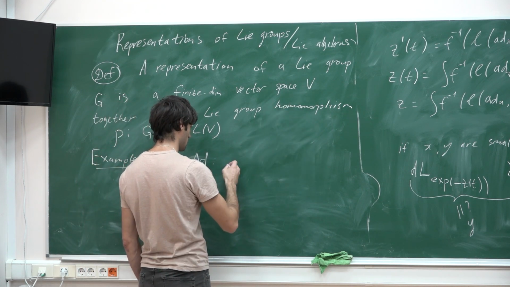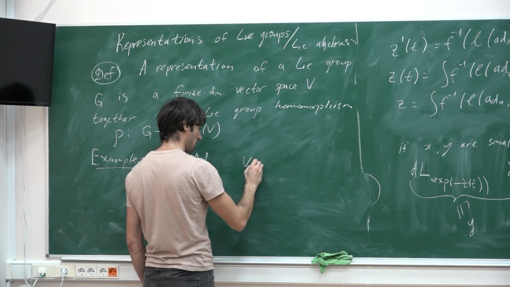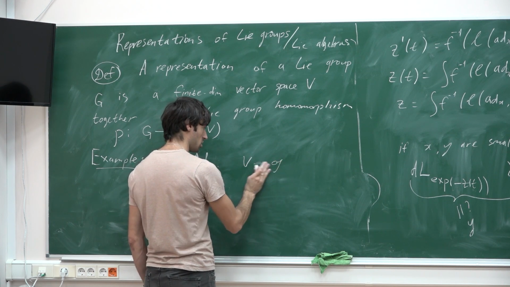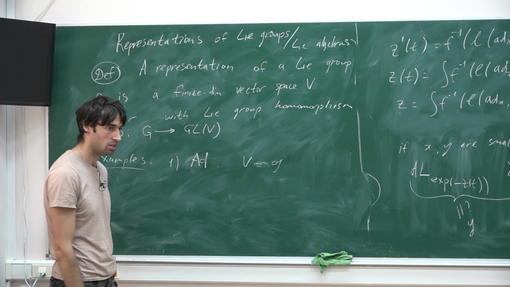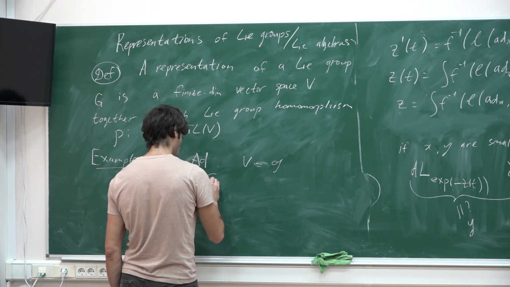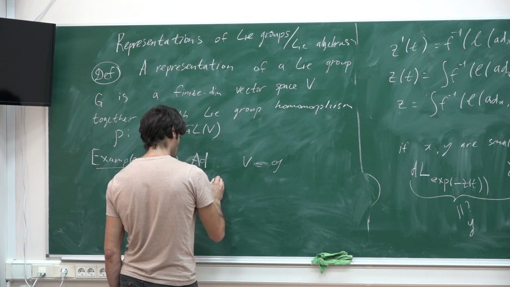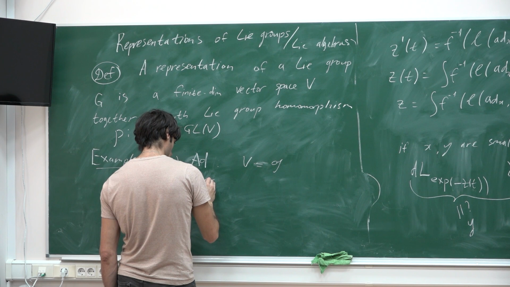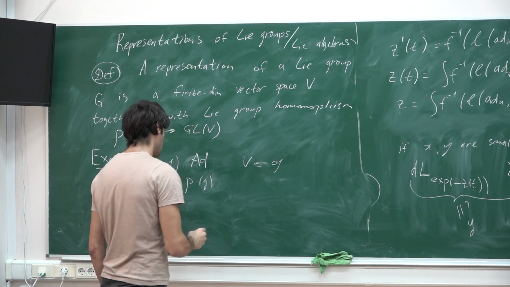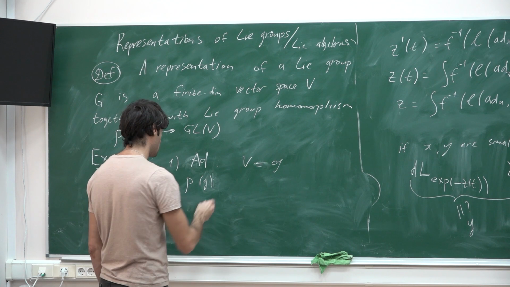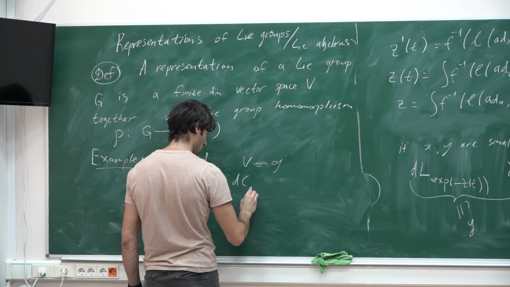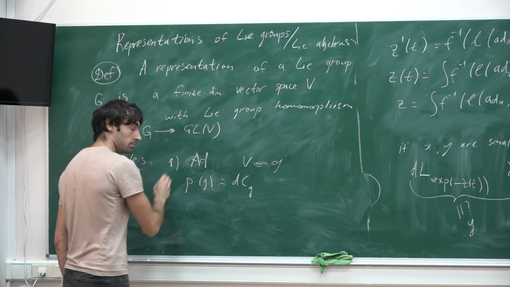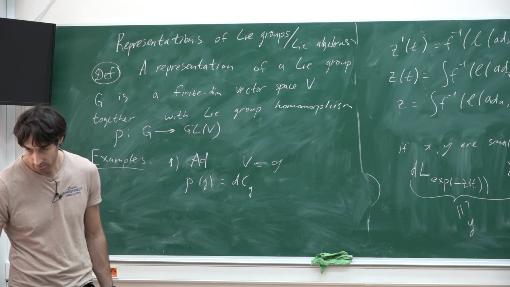So my V in this case is the Lie algebra of the group G. If you take my rho, it looks like rho of g is Ad g.